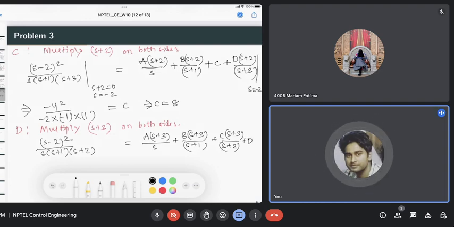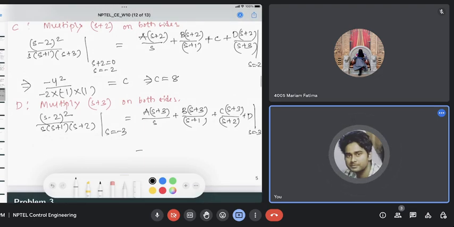So again, if we take s equal to minus 3, the right hand side will be only d and the left hand side will be minus 3 minus 5 whole square, and minus 3, minus 2 and minus 1. So d equal to, we find minus 25 by 6, right? So we find all the coefficients.